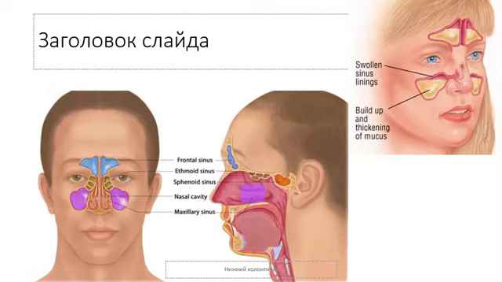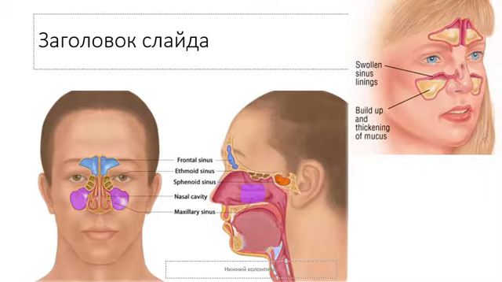Okay, that slide also shows us the location of the paranasal sinuses. In that picture, we can see the pansinusitis diagnosis. By pansinusitis, we mean all sinuses are damaged, at the same time on the right and left side.